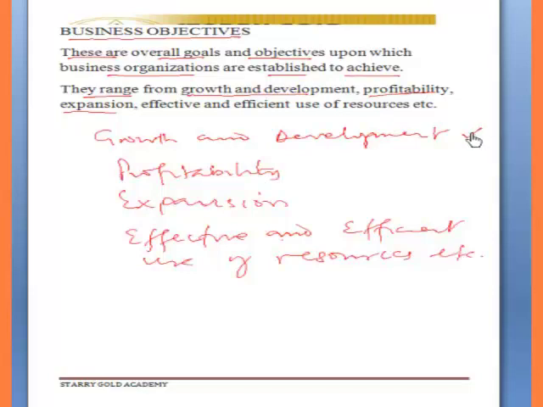It is the responsibility of the management of a particular business organization to develop appropriate measures which will help to stimulate the growth and development and other stability processes of a given business organization. And apart from that, profitability.